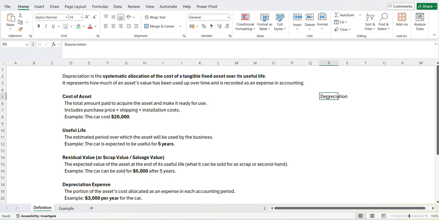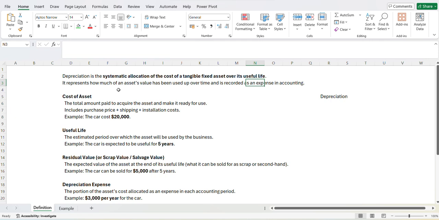Before we go deep, let's look at some of the terms used. As we said, depreciation is the systematic allocation of the cost of a tangible fixed asset over its useful life. So a physical asset, and the loss in value of an asset.